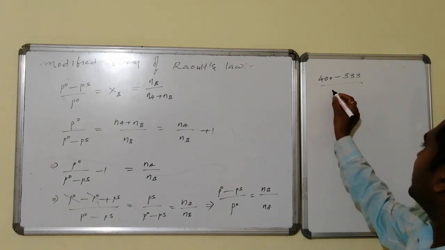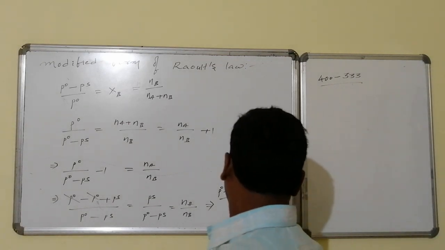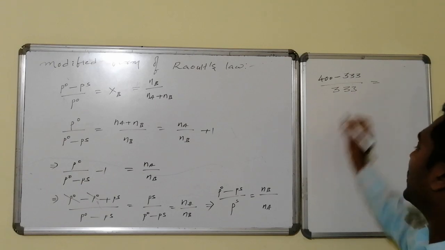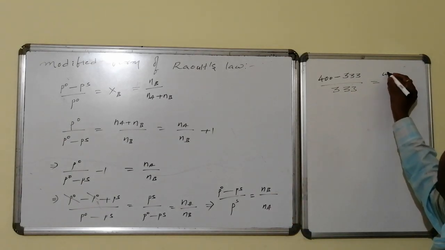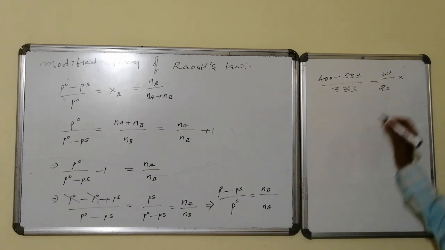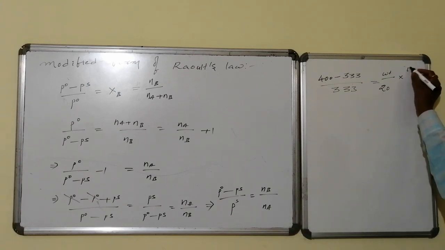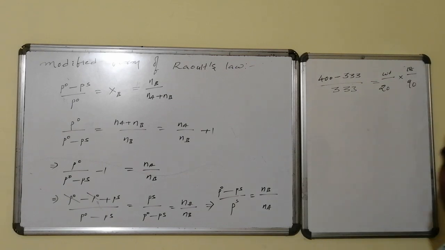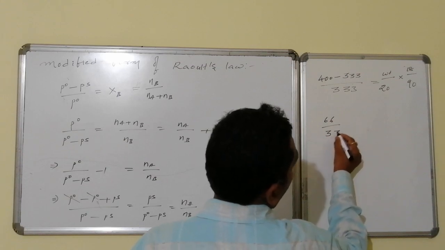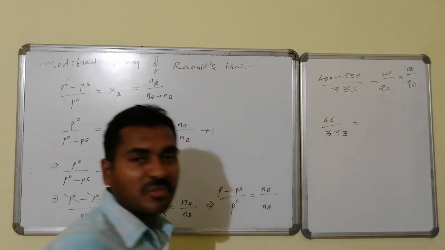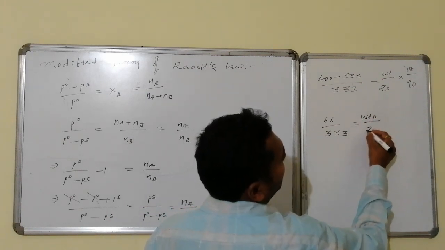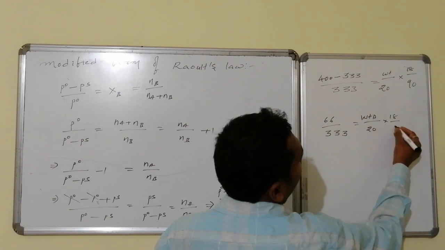So Ps equals 333 mmHg, and (P0 − Ps)/Ps = Nb/Na, where Nb is the unknown weight divided by gram molecular weight 20, and Na is 90 grams divided by gram molecular weight 18. So 67/333 = weight B divided by 20, into 18 by 90.